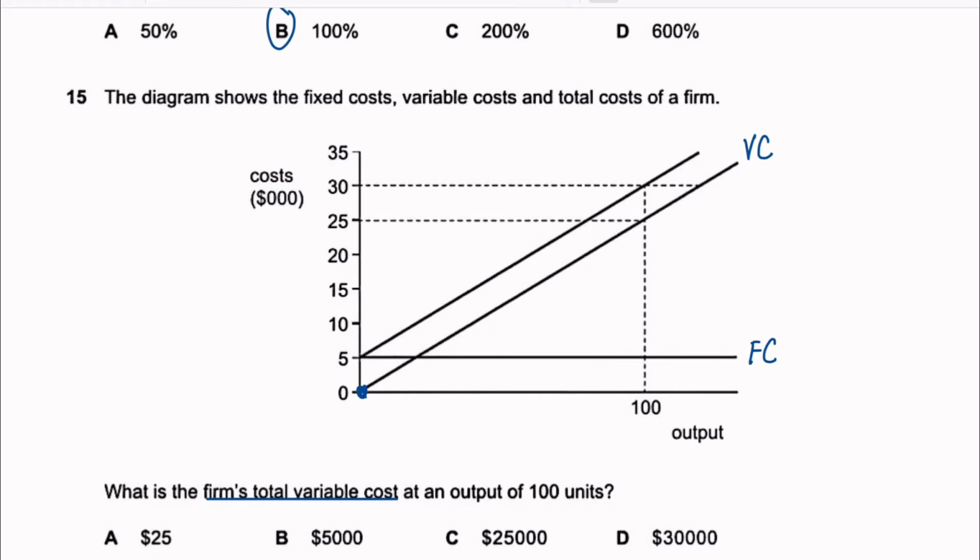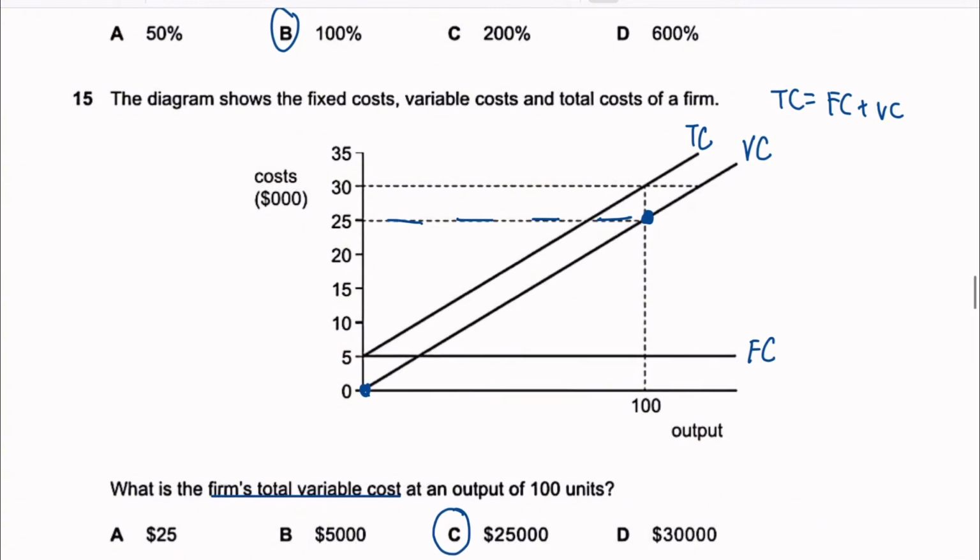This is why you know that this is variable cost, and the line above is actually total cost. Total cost, the formula is fixed cost plus variable cost. You already identified this line is variable cost, so you can see your variable cost is actually 25,000. Alright.